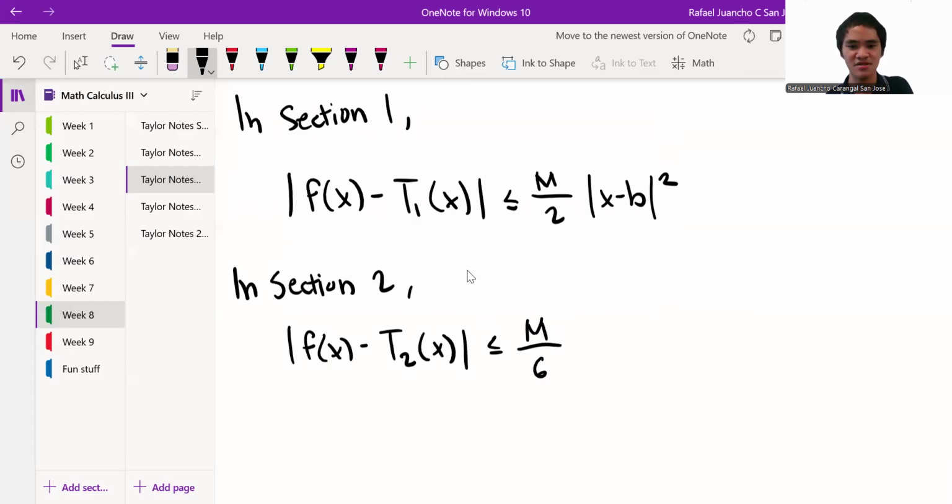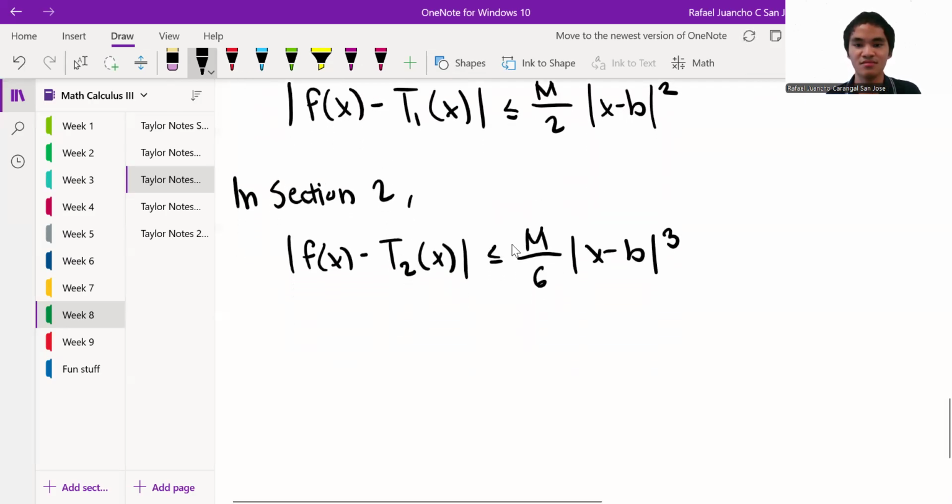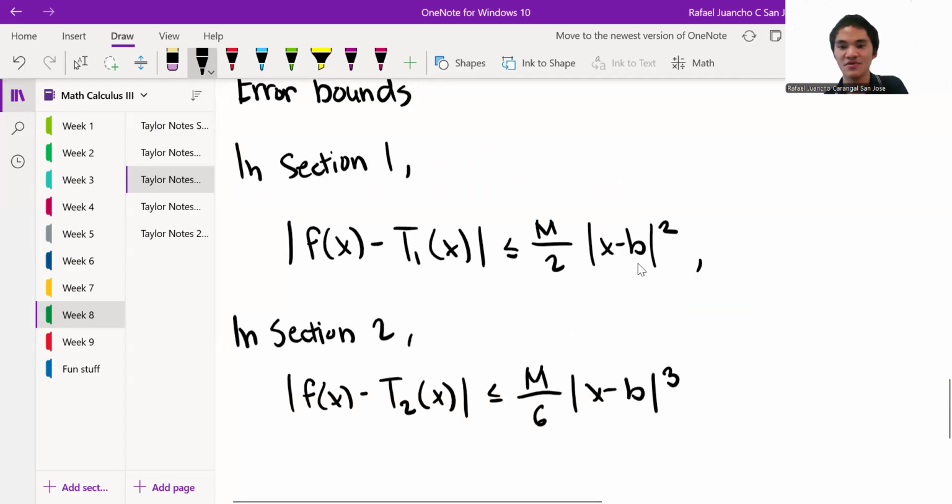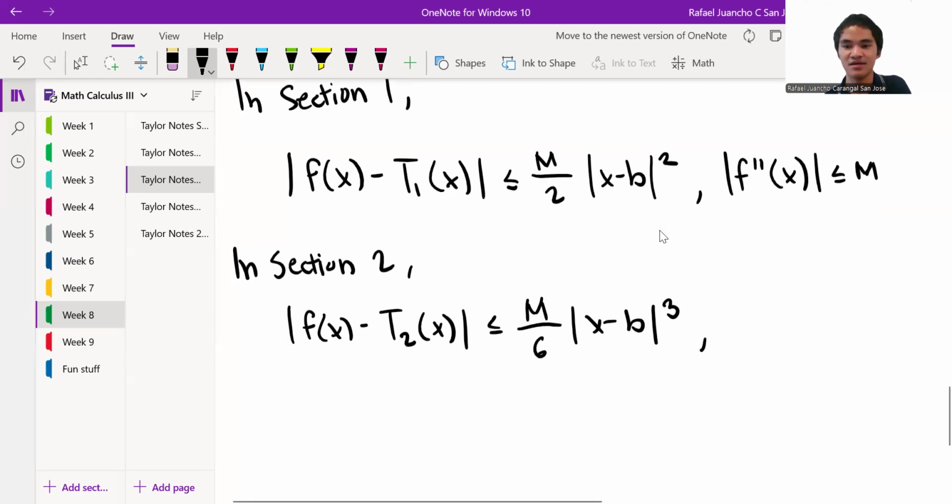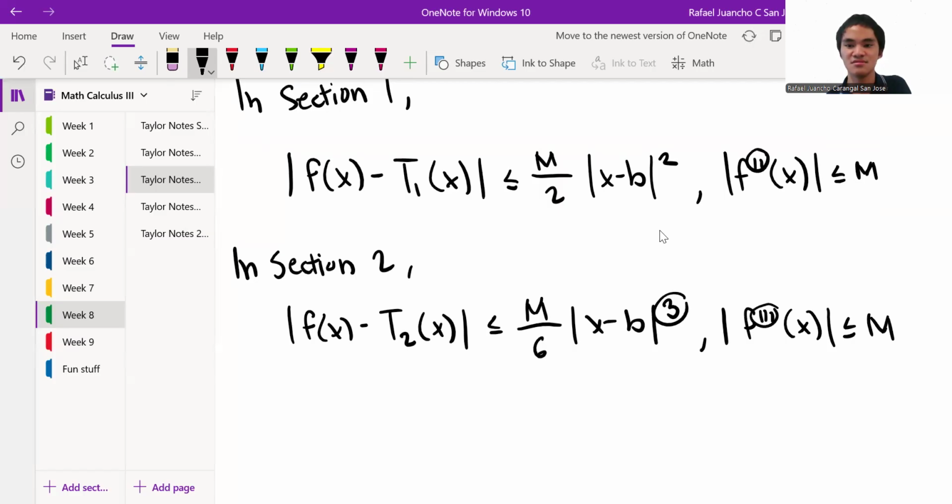So it's this M divided by 6, |x minus b| cubed, right? Oh yeah, for here we want to calculate, so again, from our previous discussion, the absolute value of the second derivative to get our M. Here we want to calculate the third derivative to get our M. So it's kind of like this and this.